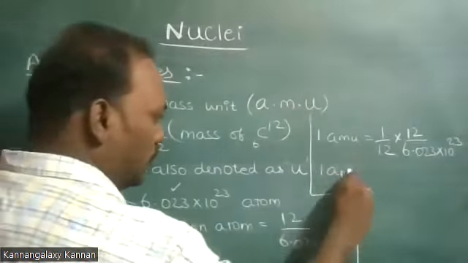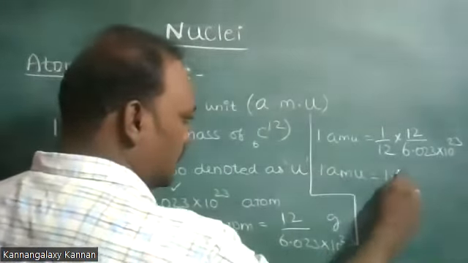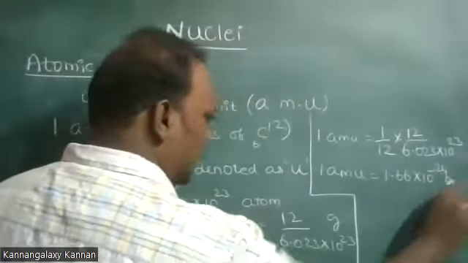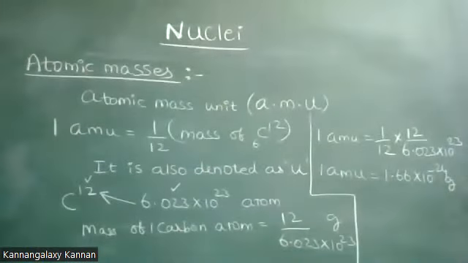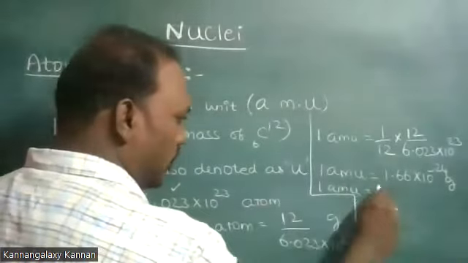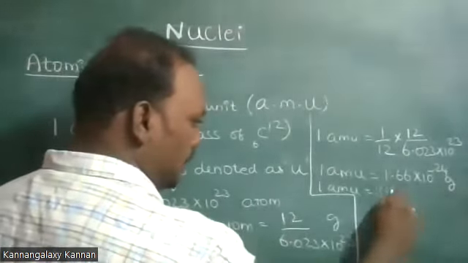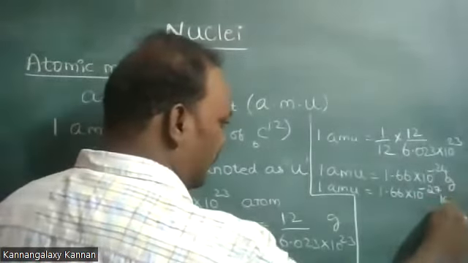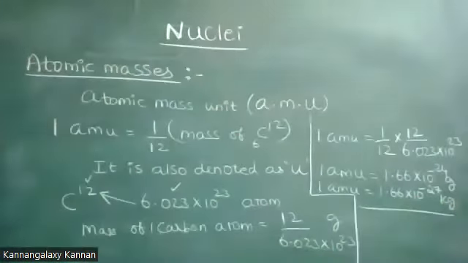So 1 AMU is equivalent to 1.66 × 10^-24 grams. Or if you want to write it in kilograms, divide this value by 1000, so you will get 1.66 × 10^-27 kilogram. So 1 atomic mass unit is equal to 1.66 × 10^-27 kilogram.